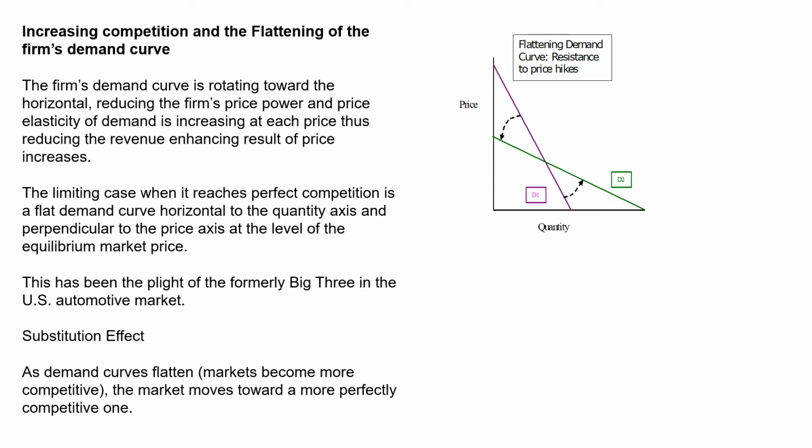This has been the plight of the formerly big three in the U.S. automotive market. A little bit awkward, but the idea here is that going back 50, 60 years ago, the big three had about 90–95% of the domestic market so far as sales were concerned.